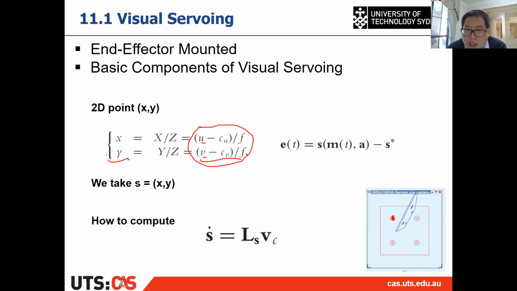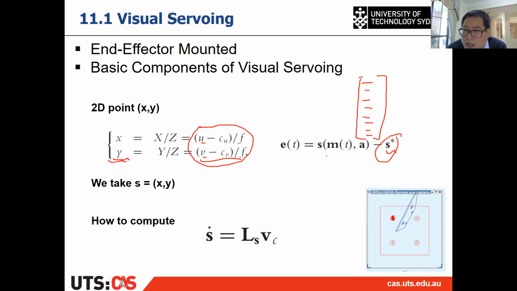Then we can calculate the xy for the S star. So we can simply calculate the other 3 by using this as well, and then put them together, xy, xy, xy, xy, as a column vector, and that is your S star.